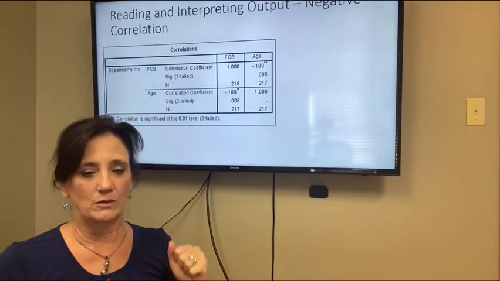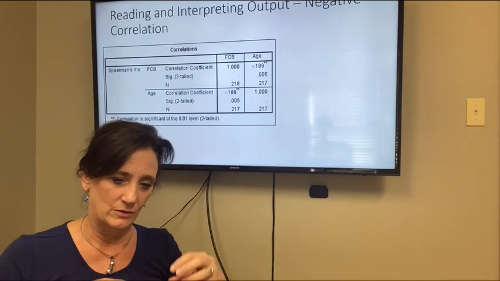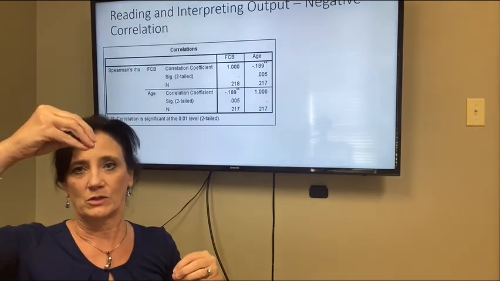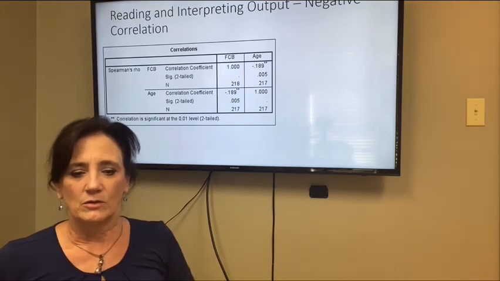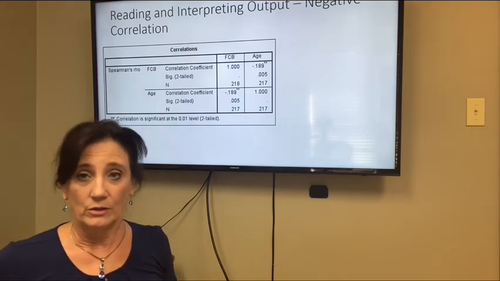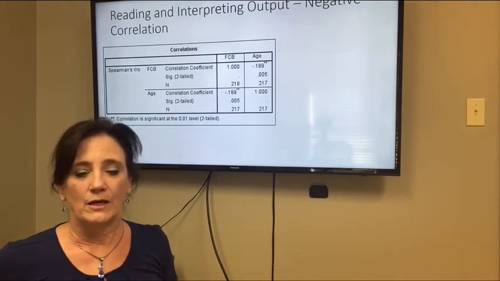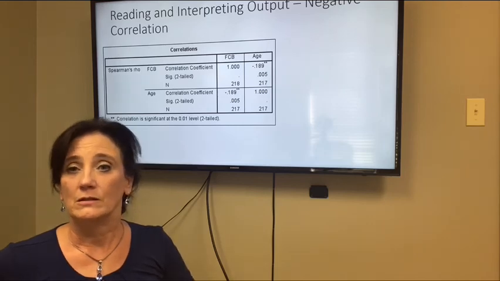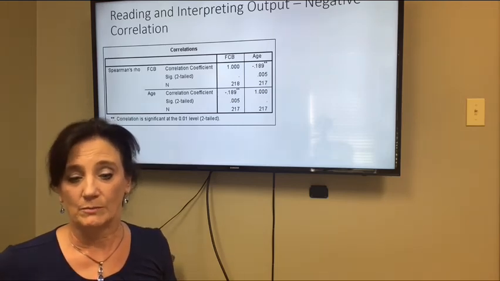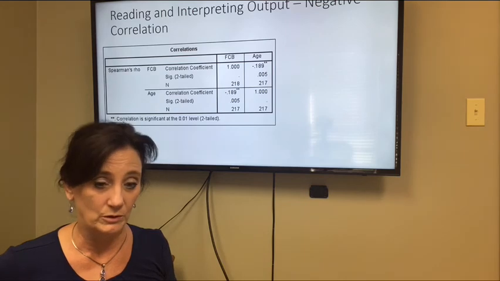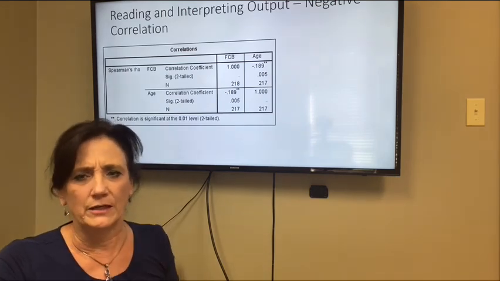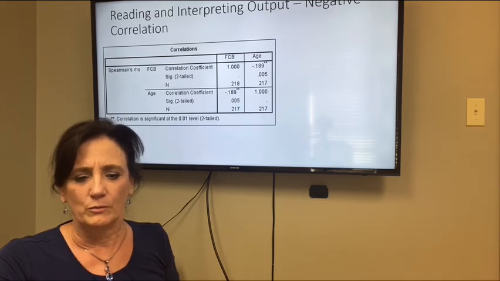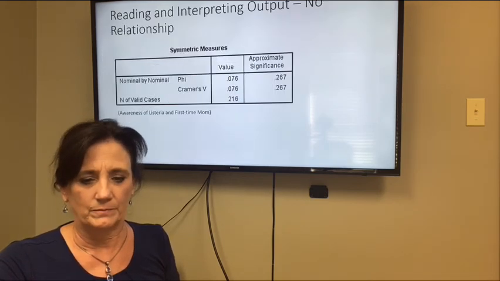Or you could say as age goes down, food consumption behavior goes up. It's the same interpretation. People who are younger are going to have different food consumption behaviors than people who are older. And you'd have to dig more into your data to understand better what those numbers were telling you.